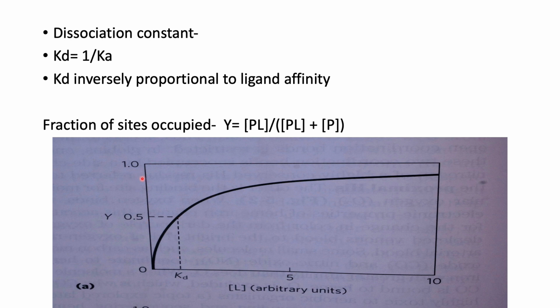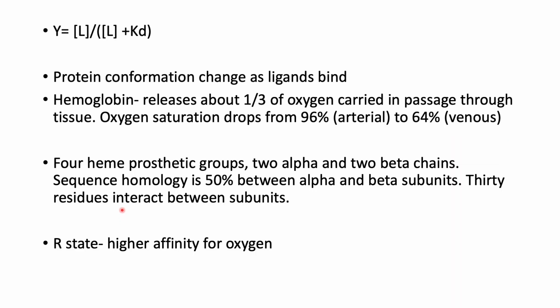So about half, you have the maximum amount of bound during that time. So you get the conformational change where the Y entity is the mathematical construction between the ligand divided by the sum of the ligand and the dissociation constant.